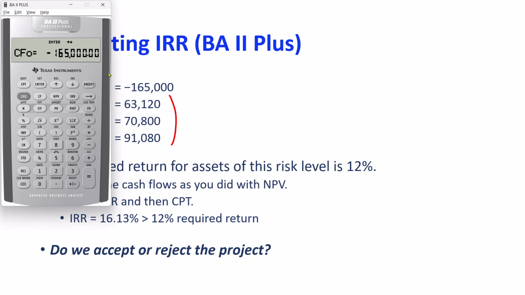I already have these cash flows in my cash flow function. Cash flow 0 is negative 165, cash flow 1 is 63, 120, and so on. All you need to do is push the IRR button and then compute. When you do this, you'll get 16.13% for the IRR of the project.